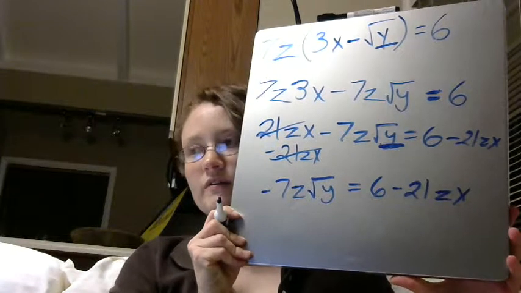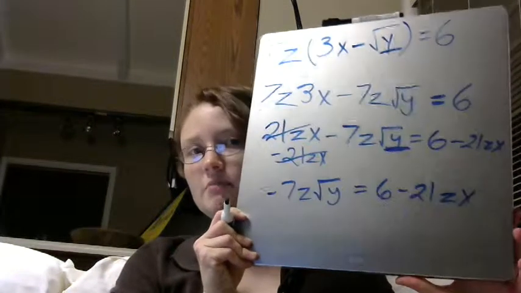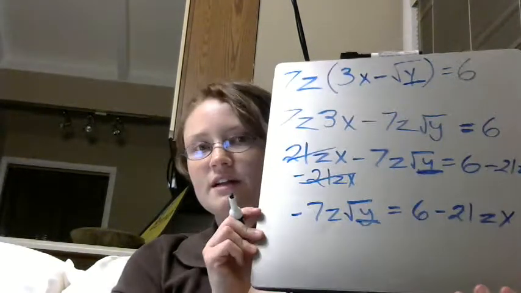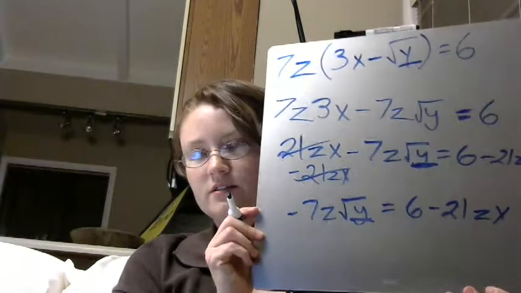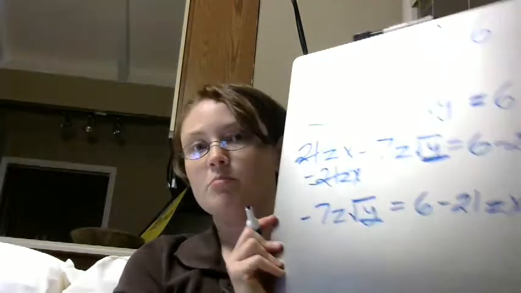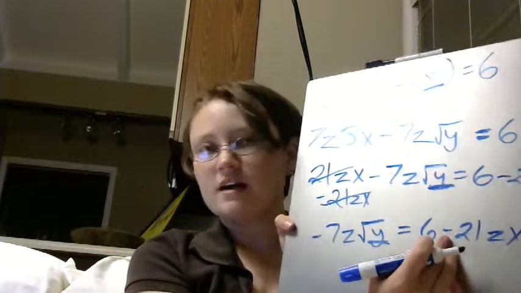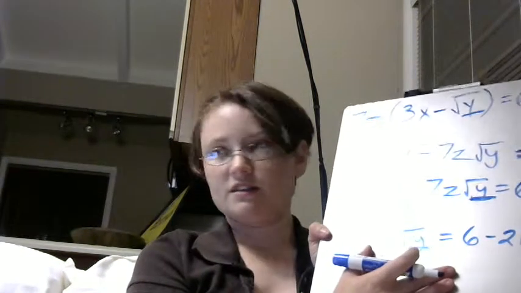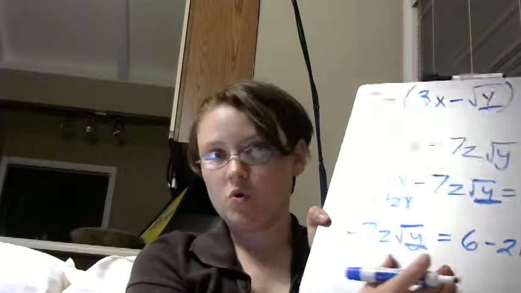Now, multiply or divide. Is there anything multiplied by our y here? Yeah, we've got a minus 7z multiplied by it. So we divide by that on both sides. Even though we've got a minus sign here, it doesn't matter. We want to divide this whole side by minus 7z because we're dividing the other whole side by it.